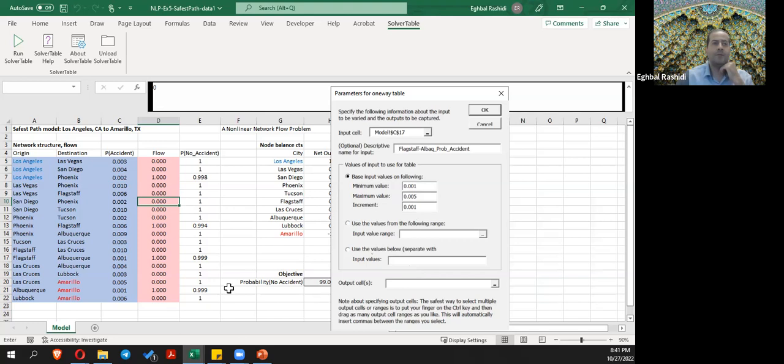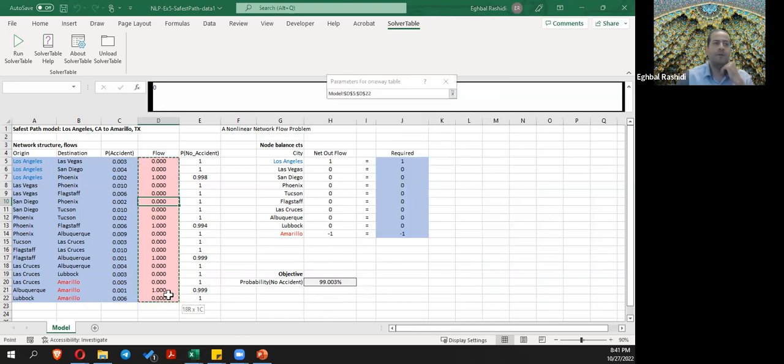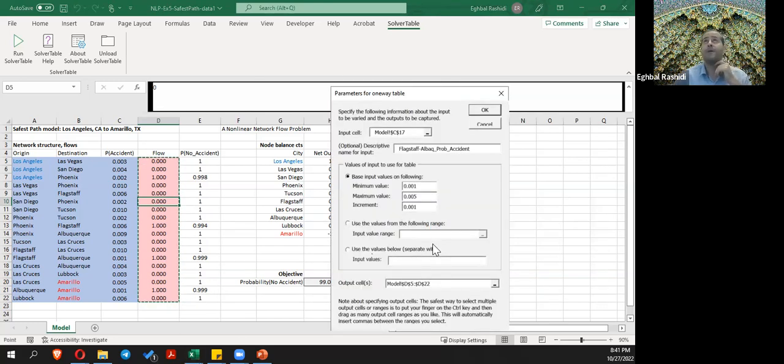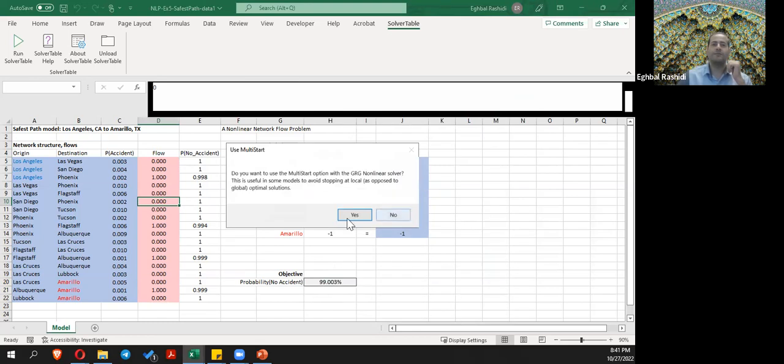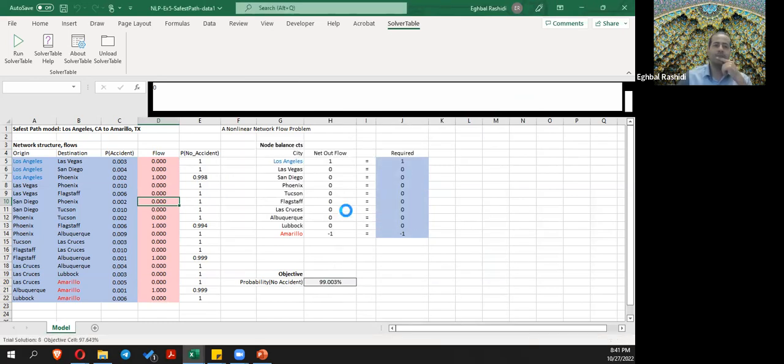And I want to see the impact on the flow, which is our optimal, our safest path, and so the probability of no accident. It's going to take a little while to compute. You can actually see the computation that it does here. Still running.